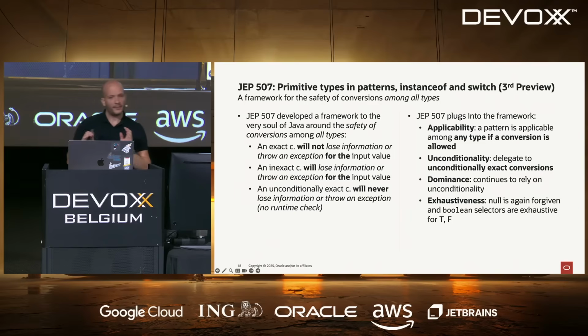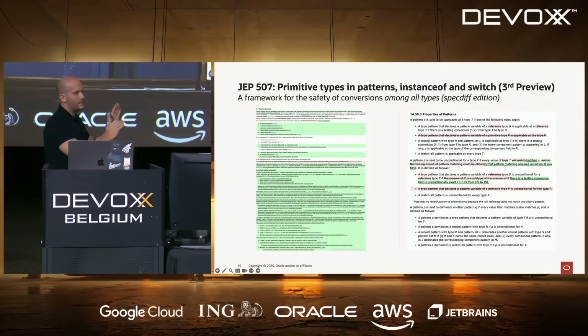So now these are the changes, part of the changes, the main payload of the changes from the corresponding spec diff, the Java language specification diff file for this feature.